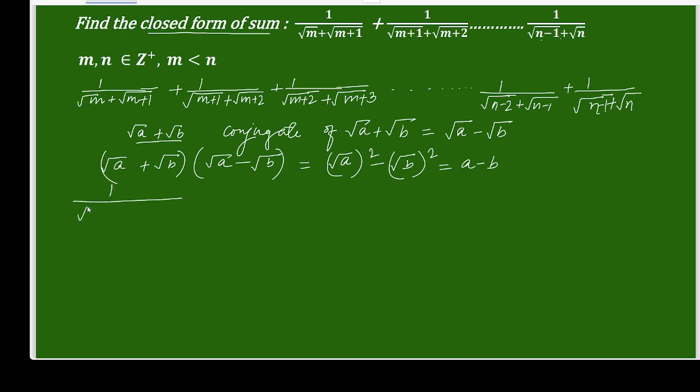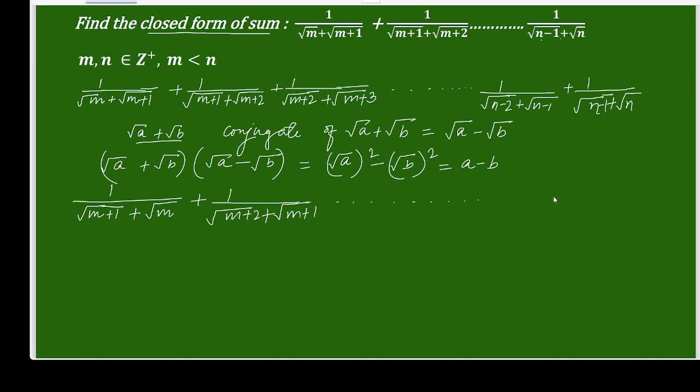How? I am writing square root of m plus 1 first, the bigger one, then the smaller one. Next term will be square root of m plus 2 plus square root of m plus 1, and so on.